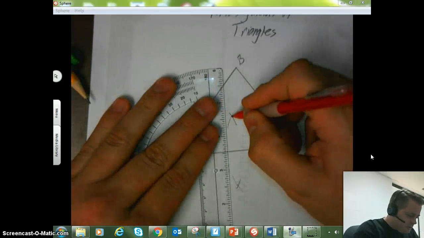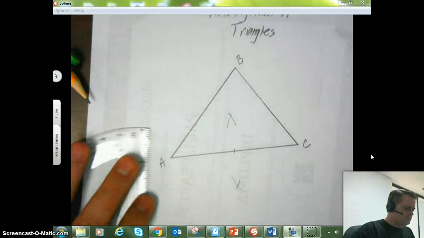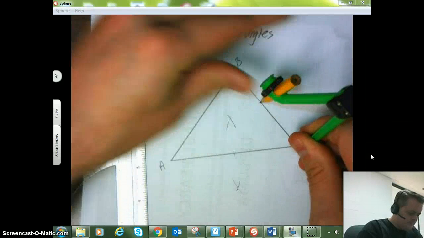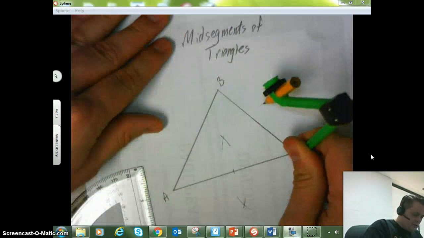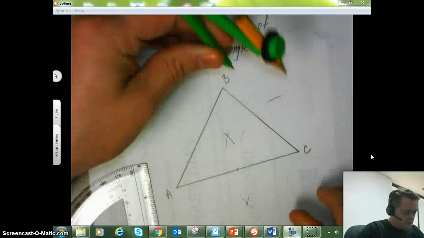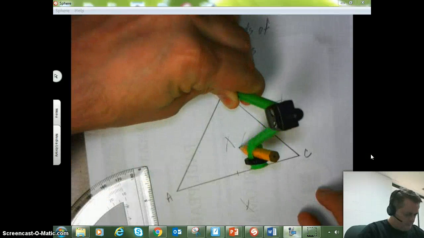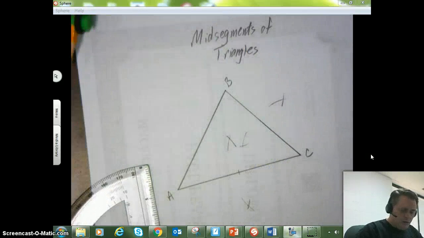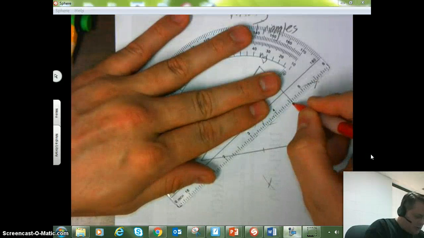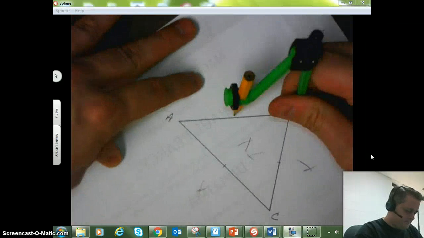Using my compass and my straight edge, I'm going to say, well, here's a midpoint here, and I'm going to just do that for the three sides. And here's another midpoint. And one more side to go.